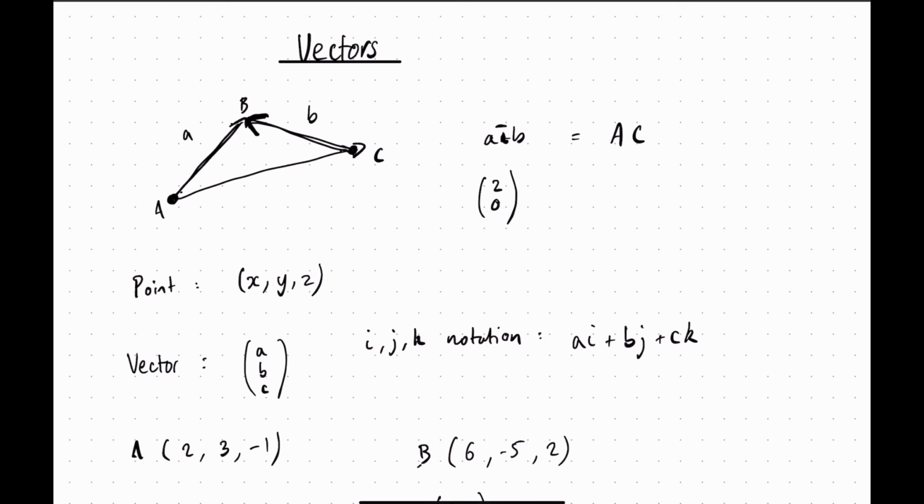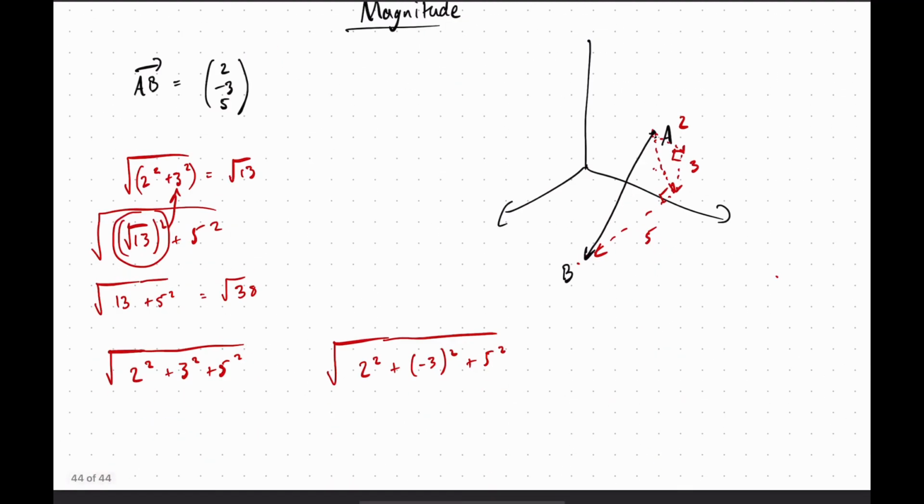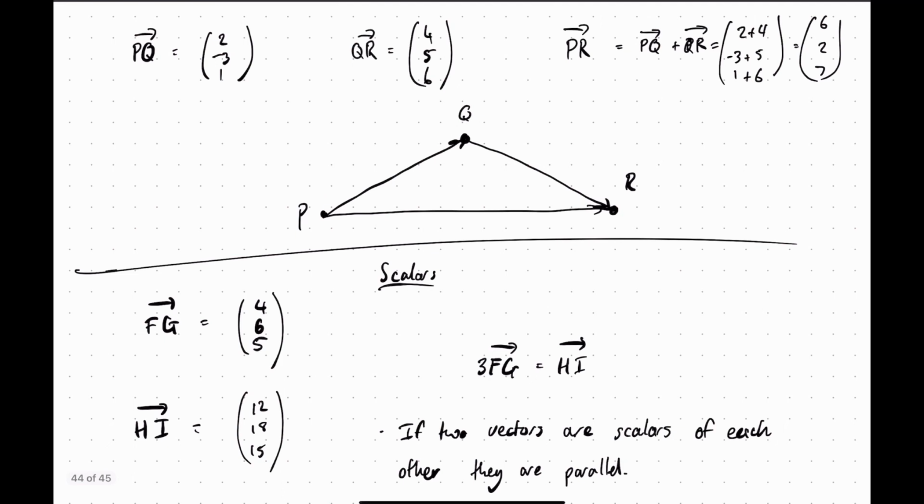You won't ever see the vector written with X's, though you might potentially see them. Just know that we can write a vector like that. Moving on. I is just the direction in X, J is the direction in Y, K is the direction in Z.